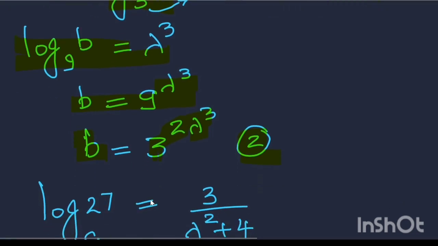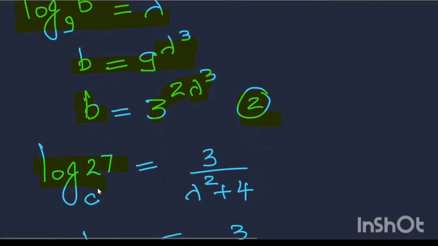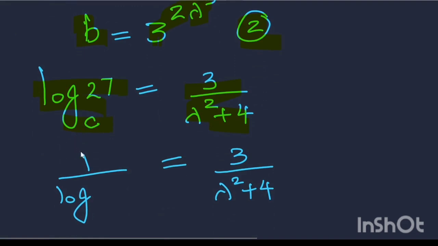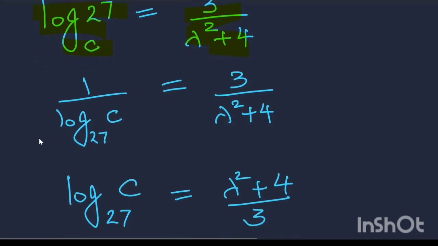And the third result, for c, log 27 base c. So what we will do, we will write it as 1 upon... which rule will we use, where base and the argument are interchanged. So here log c will come and the base would be 27. Now we will take the reciprocal of the equation.